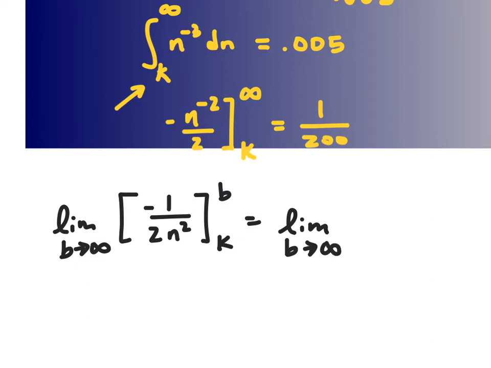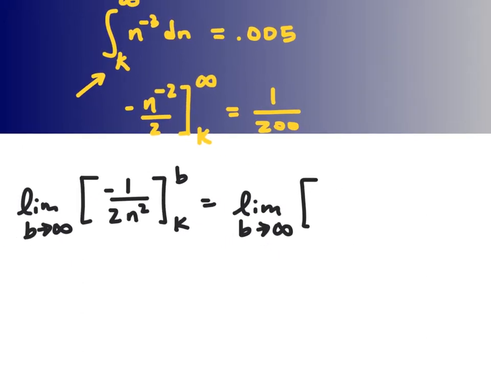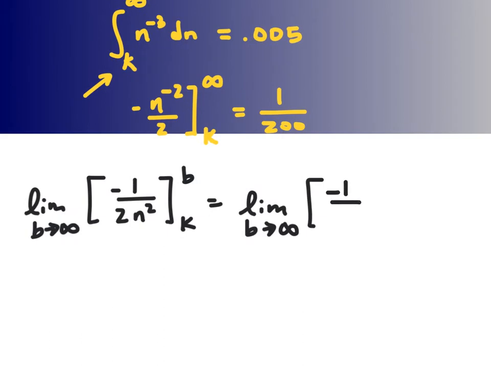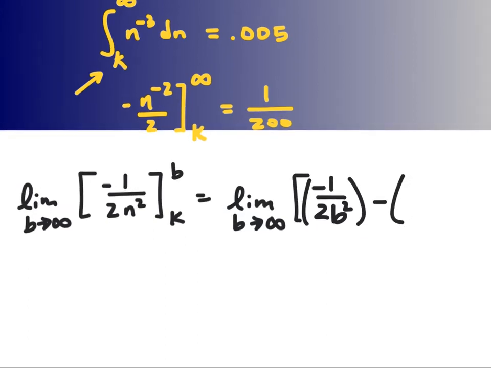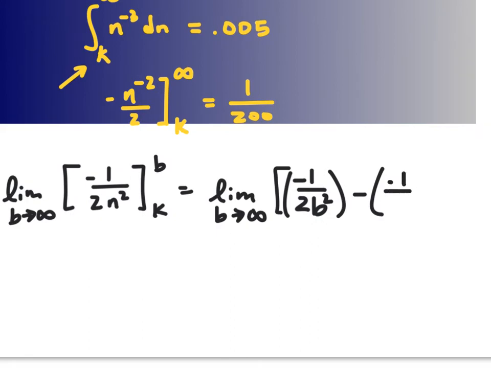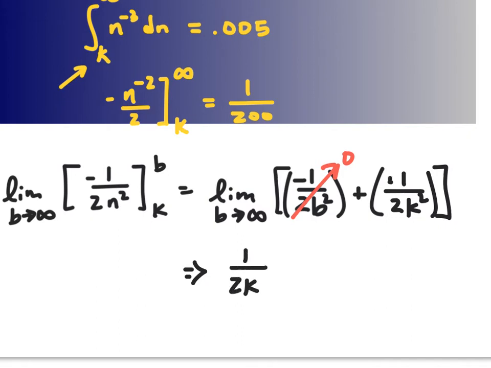So the limit as b goes to infinity of negative 1 over 2b squared, which, by the way, when b goes to infinity will go to 0, minus negative 1 over 2k squared. This first term will go to 0, and therefore, minus a negative makes this 1 over 2k squared. And we want that to equal 1 over 200.